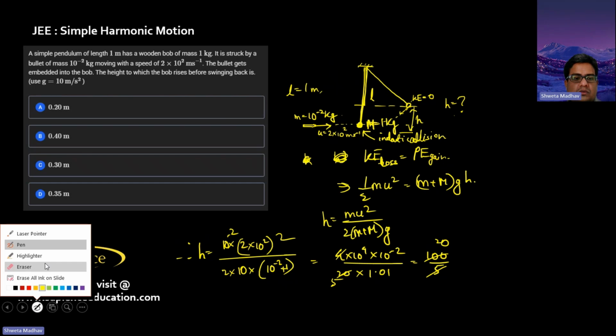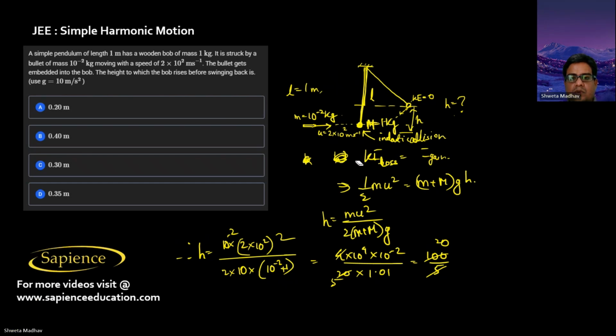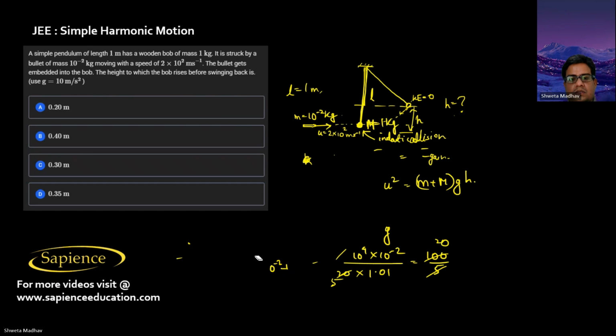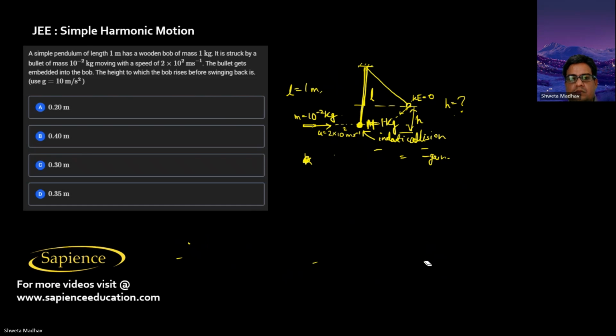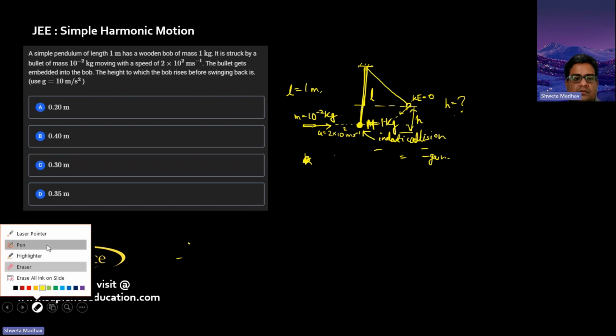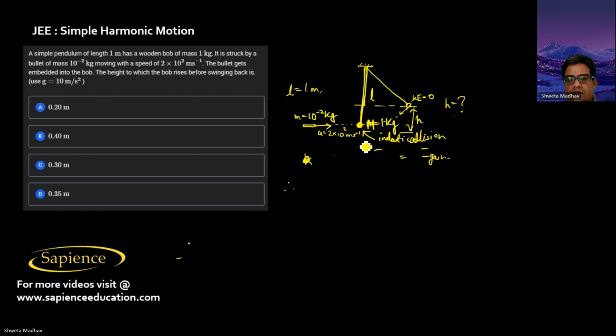So we can do conservation of momentum. Momentum we can conserve. So that will be m u equal to (M plus m) v.